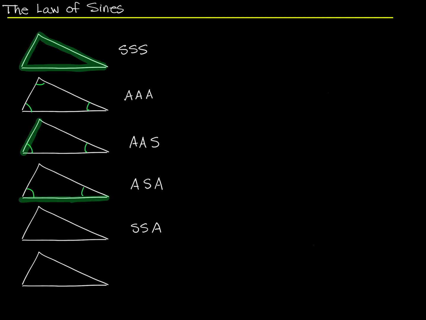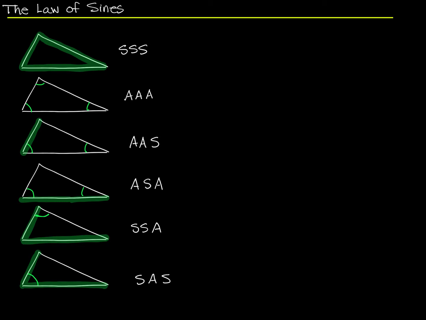On the other hand, what if you had two sides and an angle versus two sides and the angle between them? So you can either have two sides and one of the angles not included between those two sides, either that one there or this other one over here, or you can have two sides and the angle between those two sides, the included angle.